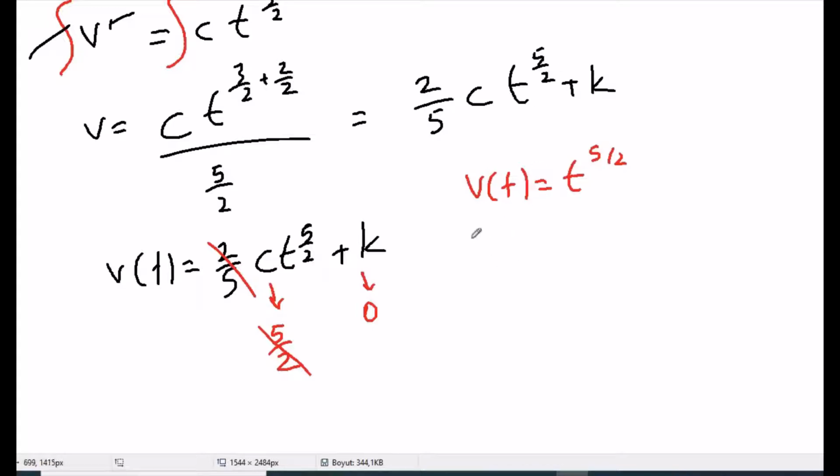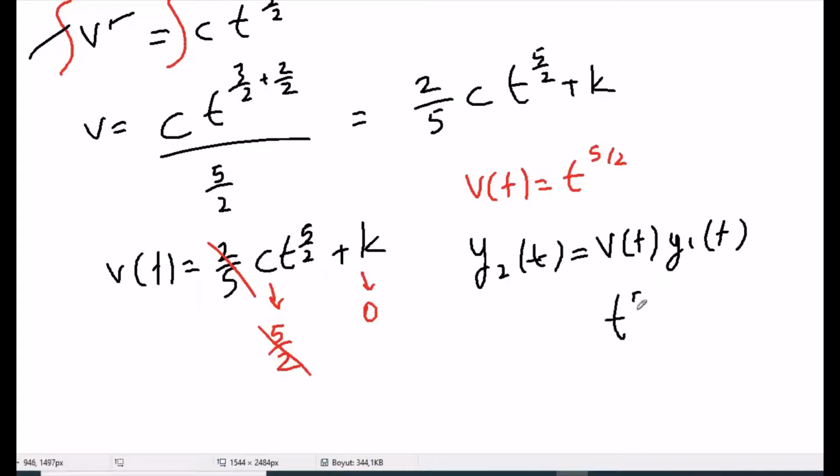At the beginning we said that y2 of t is equal to v of t times y1 of t, and our v of t is t to the 5/2, and our y1 of t is given as t to the -1. If we do this multiplication by adding the powers, we obtain t to the 3/2.